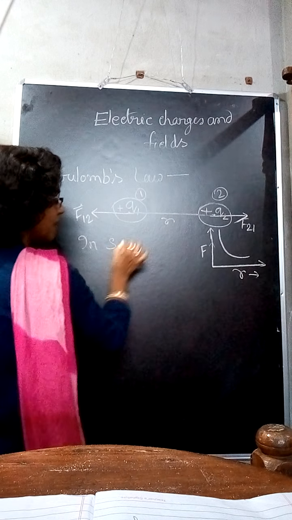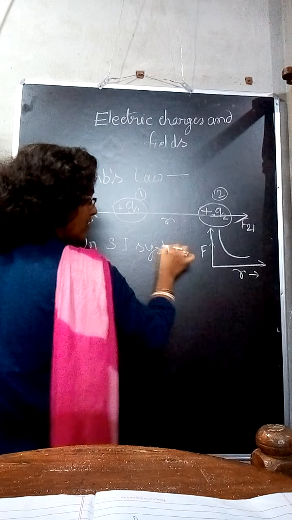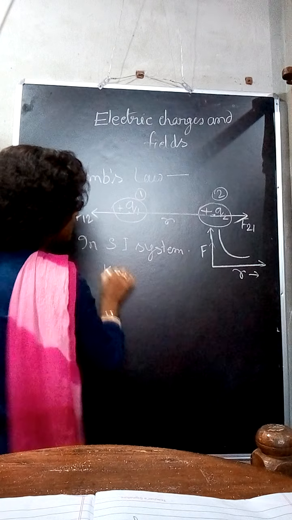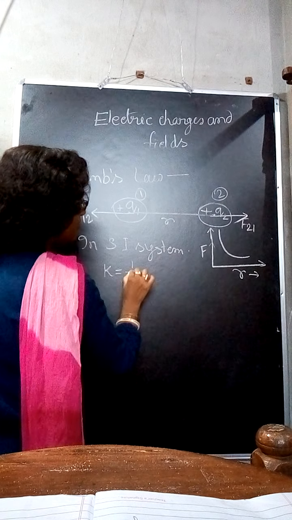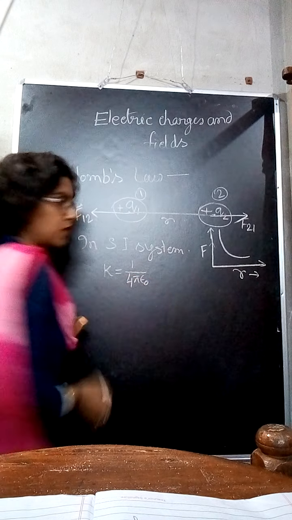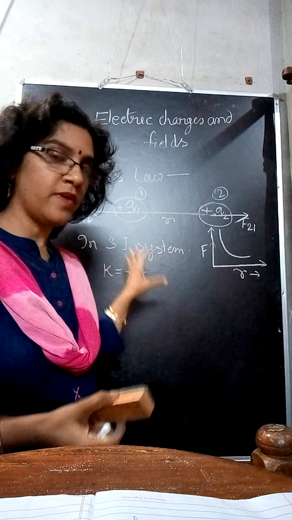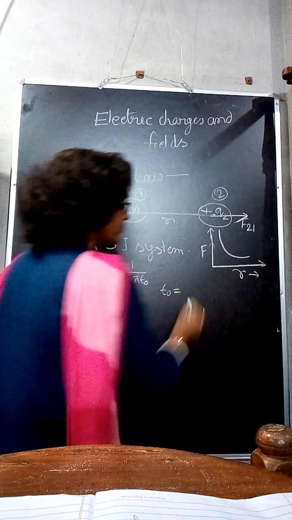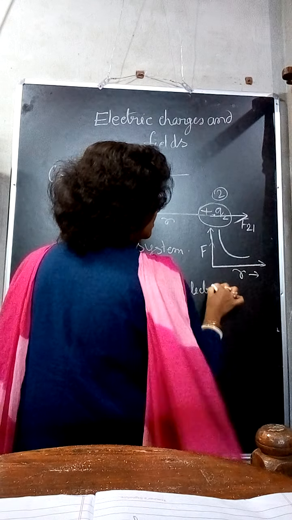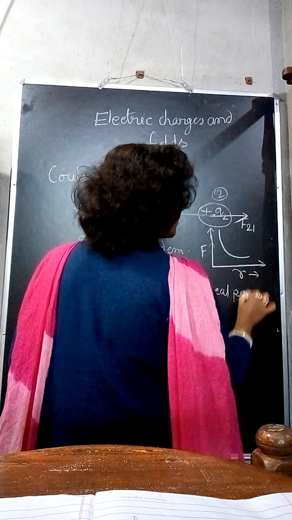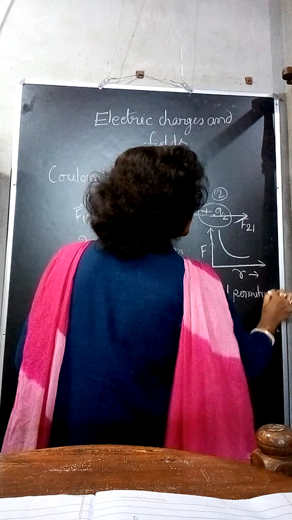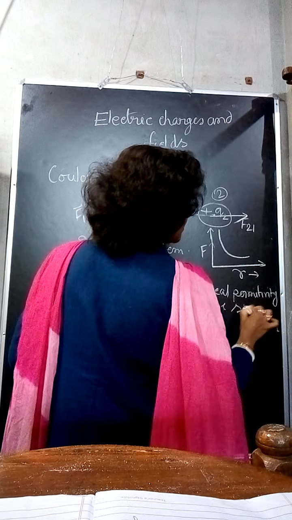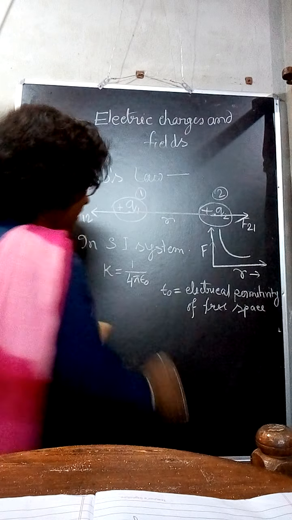In SI system, the K is 1 by 4 pi epsilon naught. It is for free space, also for air, where epsilon naught is the electrical permittivity of free space.